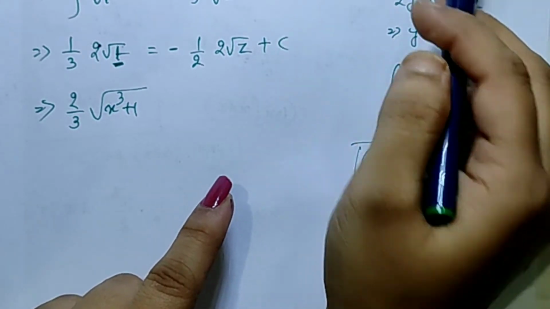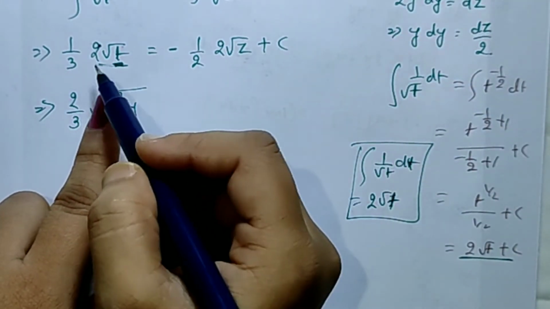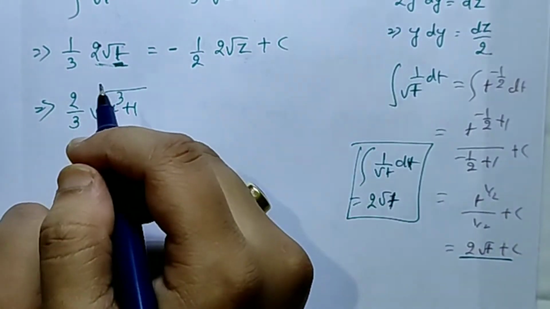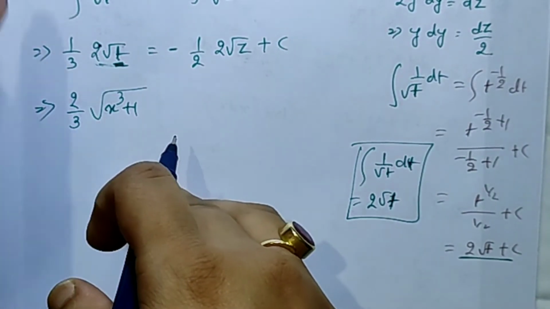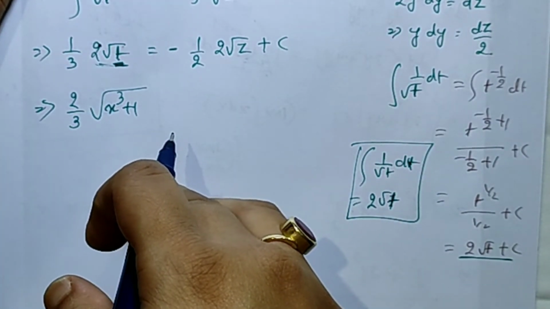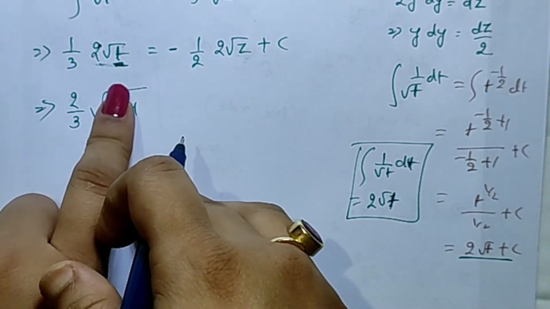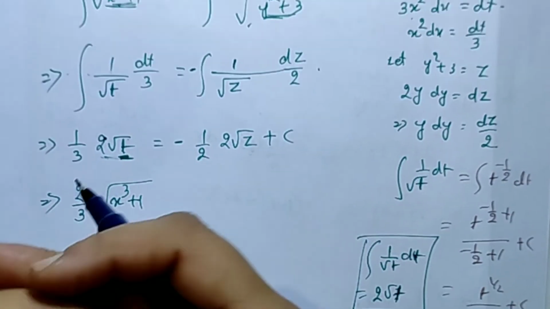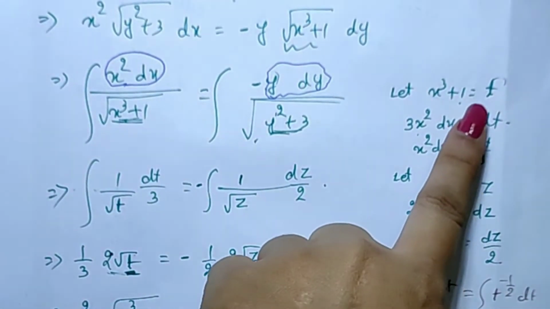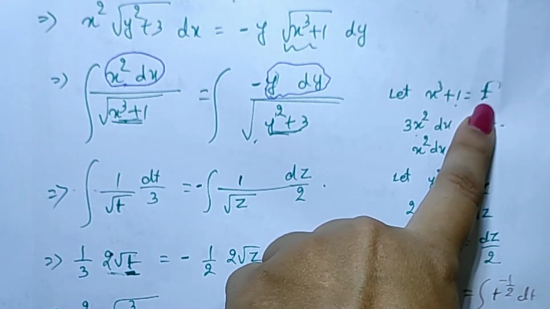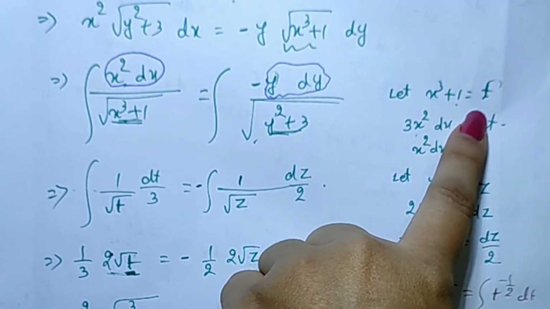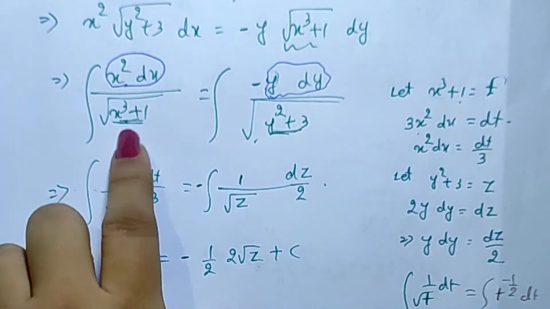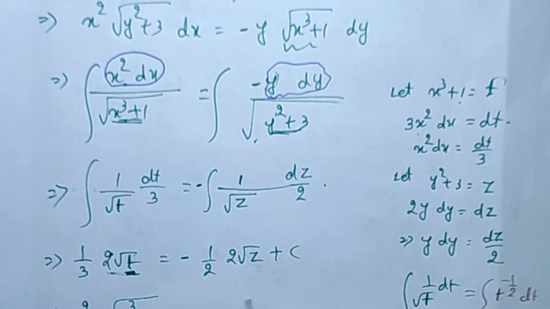We can't take another variable; the answer has to be in the variable that was given in the question. That's why in the substitution method we have to do the back substitution, because this t is not authorized. We are taking this for our convenience to find the integration easily. So we have to back substitute again.